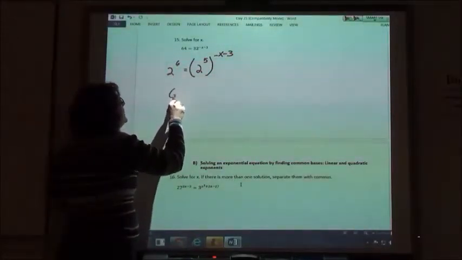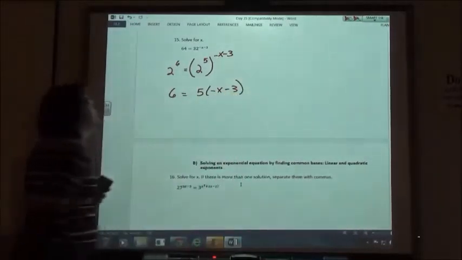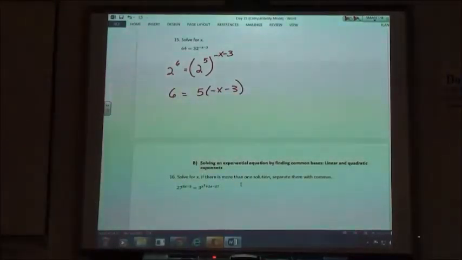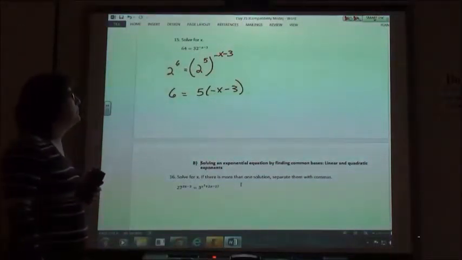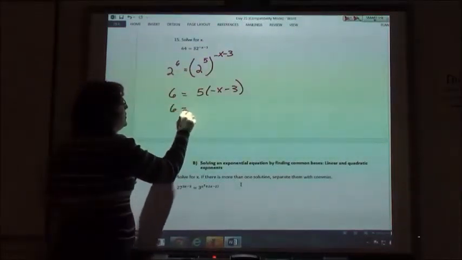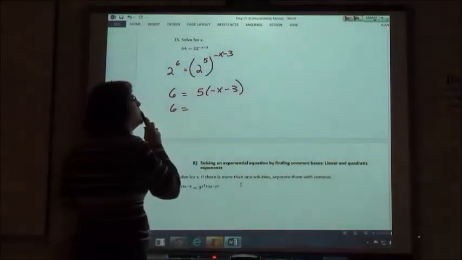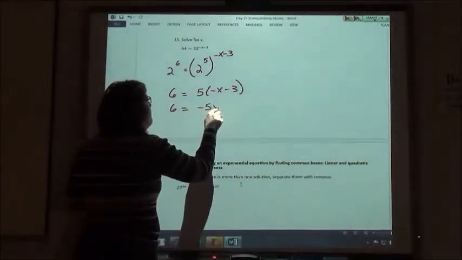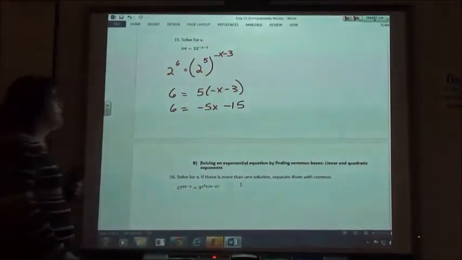So we're going to say 6 equals 5 times negative x minus 3 then. So 6 is going to equal 5 times negative 5x minus 15. Yep.